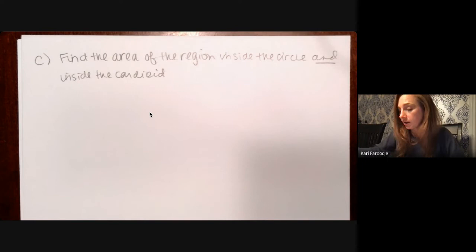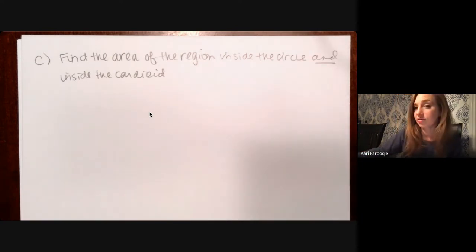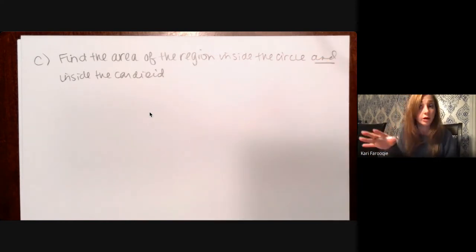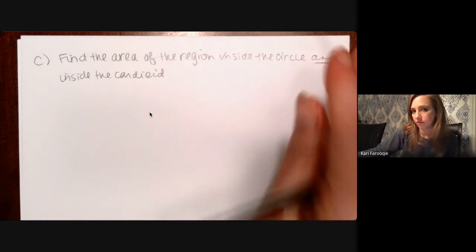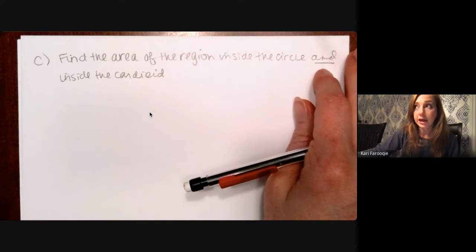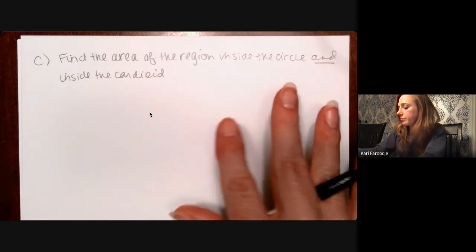This is an and, I guess, if you wanted to think about it as an algebra question. The and is like an intersection, and the or would have been like an either or kind of thing, or like it encompasses everything. What we're looking for here is the intersection of these two regions. So we're looking for the region inside the circle and inside the cardioid. So it has to be the region that's common to both of those figures.